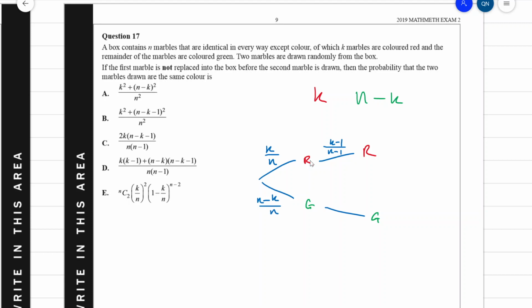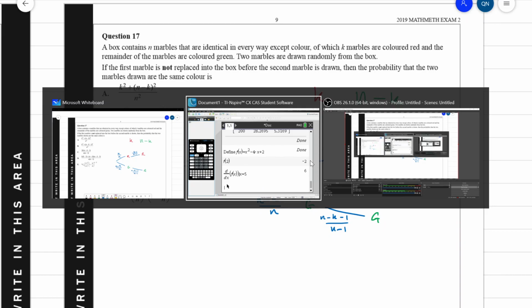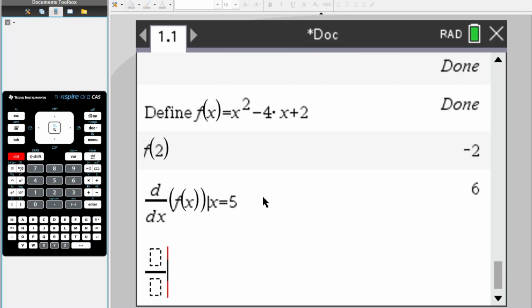How about the green? We have n minus 1 marbles remaining. And then how many green marbles are remaining? It's going to be n minus k minus 1. So we just multiply the branches together, add them up, and that's our answer. So let's do this quickly on the CAS. So we have fraction, and then plus fraction, and then times another fraction. So what goes where?